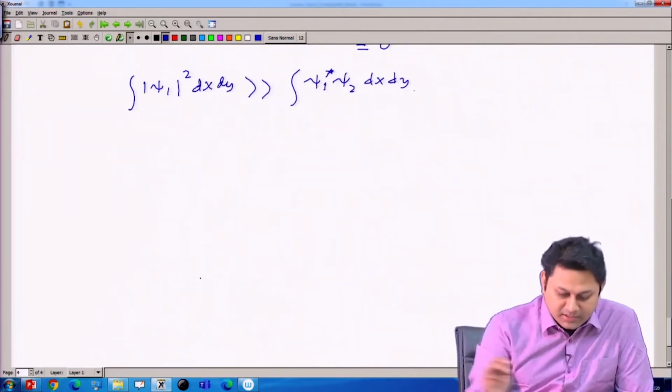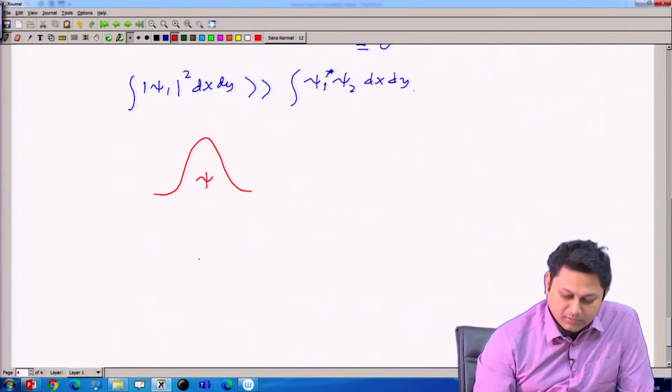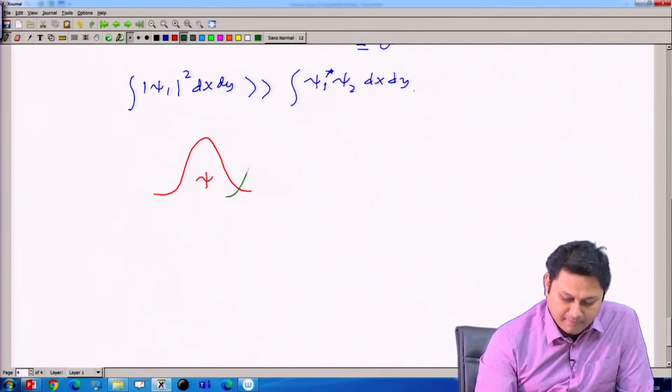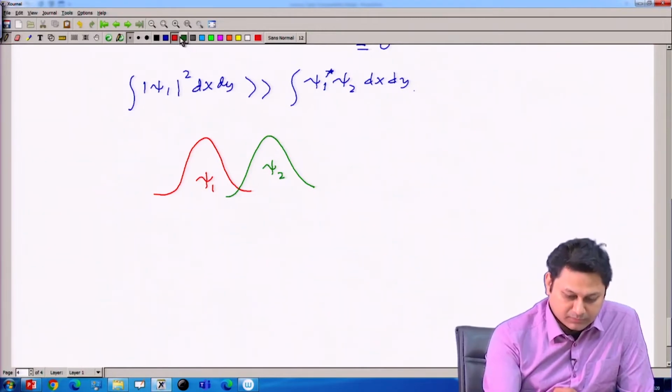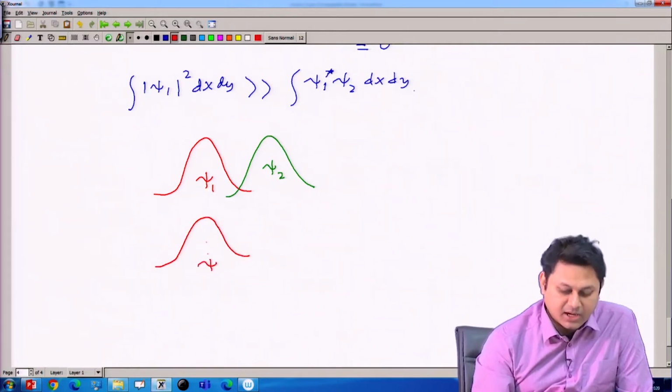One can qualitatively understand that if I have a field like this, say this is my psi 1, and a field like this, say this is my psi 2, the self overlapping means I am overlapping psi 1 over psi 1, so the overlapping factor is very high.